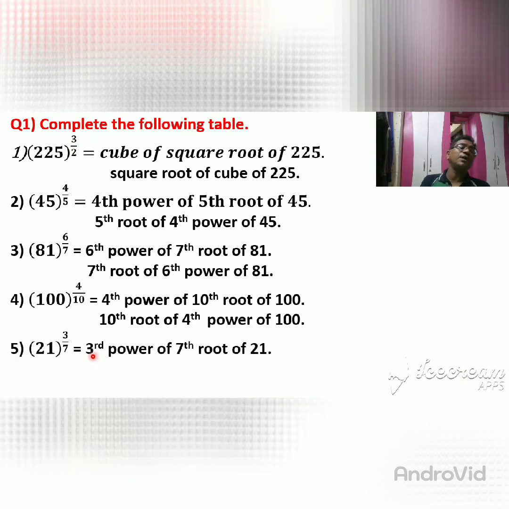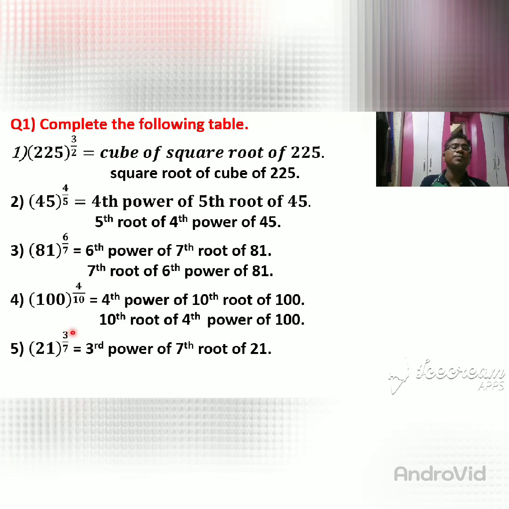Then problem number 5. 21 indices 3 upon 7. So it can be read from the power: cube of 7th root of 21, or third power of 7th root of 21. You can read as cube also.